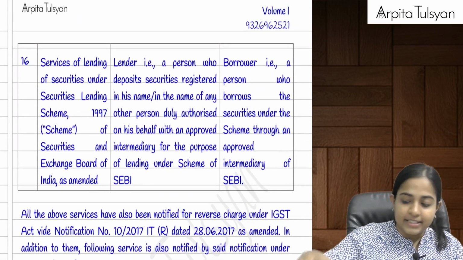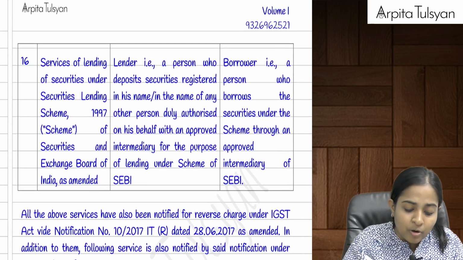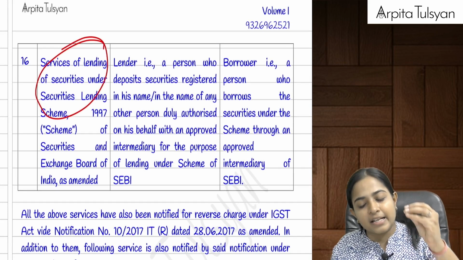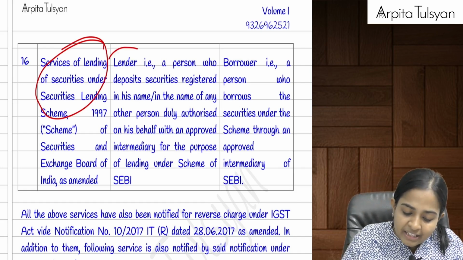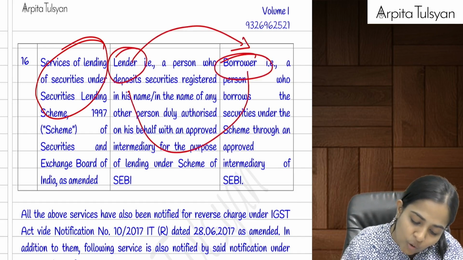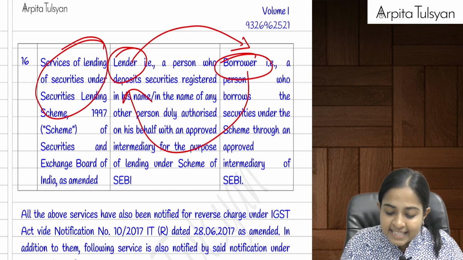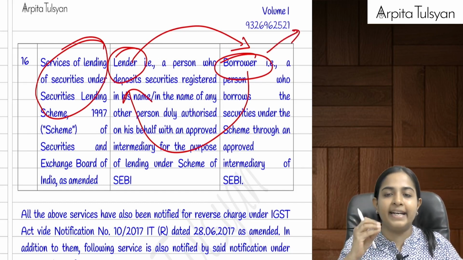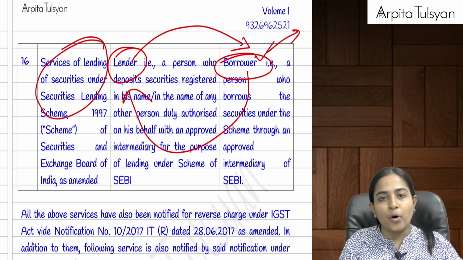Okay, and the last point here is talking about lending of securities, which is under a scheme of SEBI. If the lender is providing the services to the borrower for which the borrower gives money to the lender, in such case the liability to pay the tax is on the borrower. Okay, just remember this.